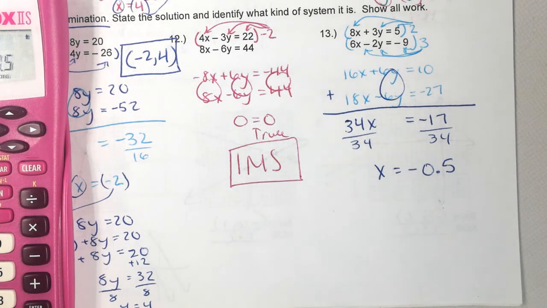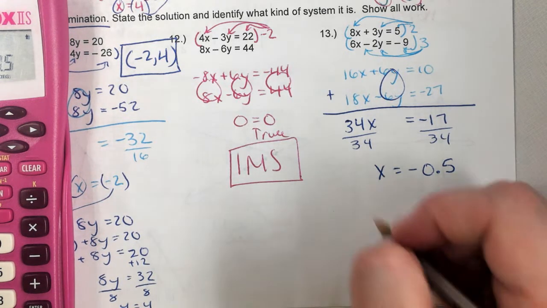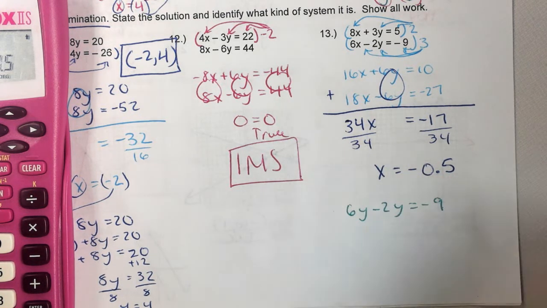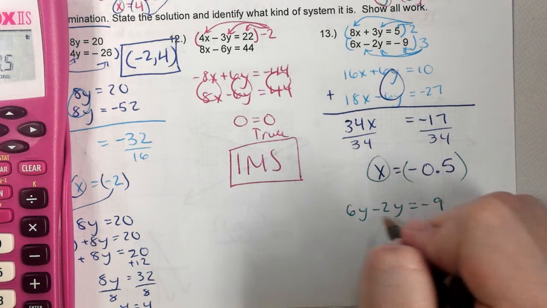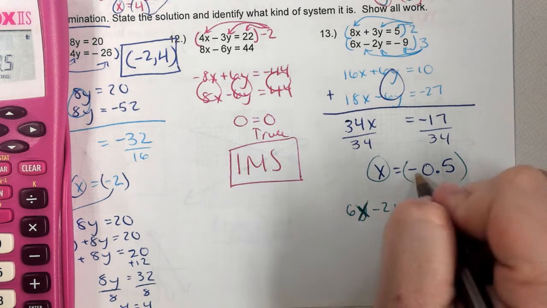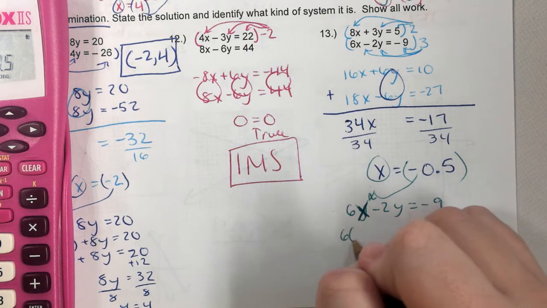So we're going to plug it into one of the problems. Doesn't matter which one. So I'll plug it into the second one. It's got smaller numbers. x equals negative 1/2. Whoa, I wrote y. So I'll plug it in right there.